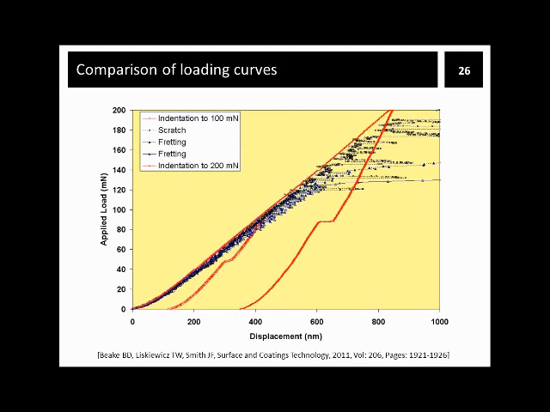So each load depth point here corresponds to a different point along the scratch track on the silicon surface. So the behavior at low load is clearly very similar, with differences becoming more significant and dynamic as the load increases.